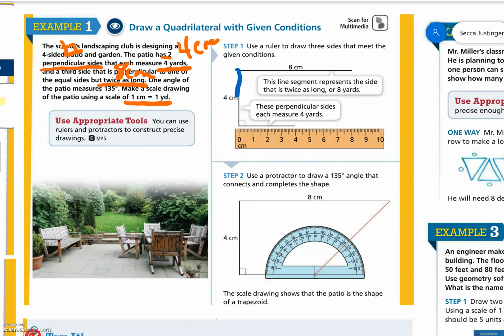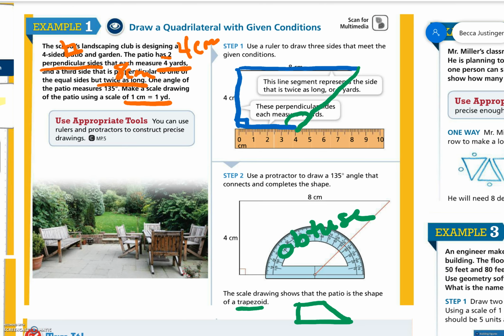So here's our 2 sides that are both 4 centimeters, and they meet at a right angle. Twice that is 8 centimeters. And you connect the vertices to draw that 135 degree angle, which is obtuse angle. The scale drawing shows that the patio is the shape of a trapezoid. Trapezoid also looks like this, or also like this.